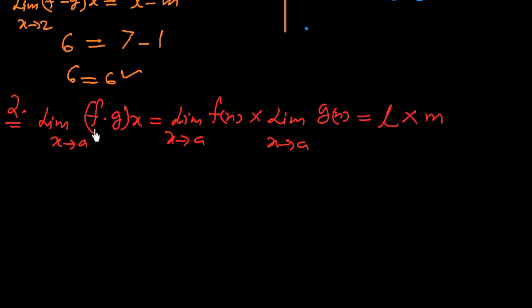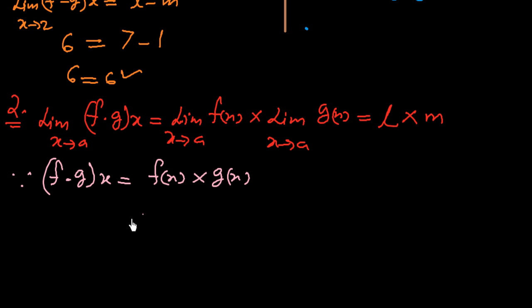So first of all we have to find out the function f into g of x. So we find out this first, because we know that f into g of x is equal to f of x into g of x. And we know that f of x is x square plus 3 and g of x is x minus 1.